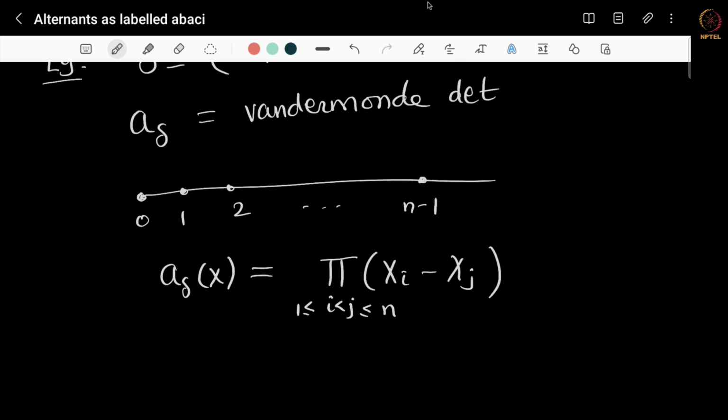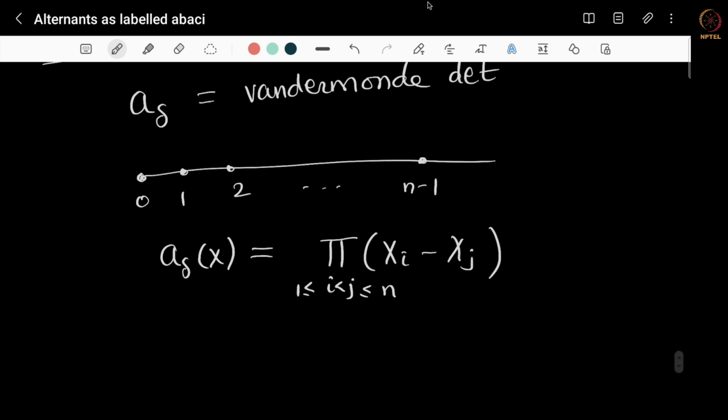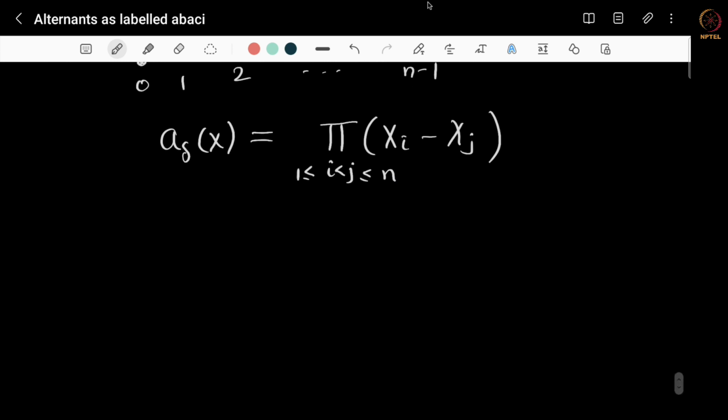Recall also that we actually know an expression for the Vandermonde determinant, A delta of x. You've probably done this nice exercise: show that the Vandermonde determinant can actually be written as a product, the product of xi minus xj over all i less than j running from 1 to n.